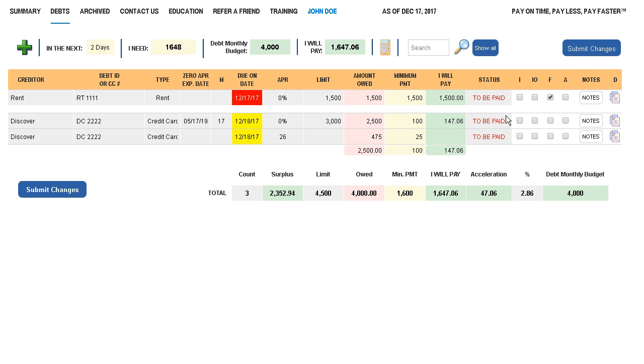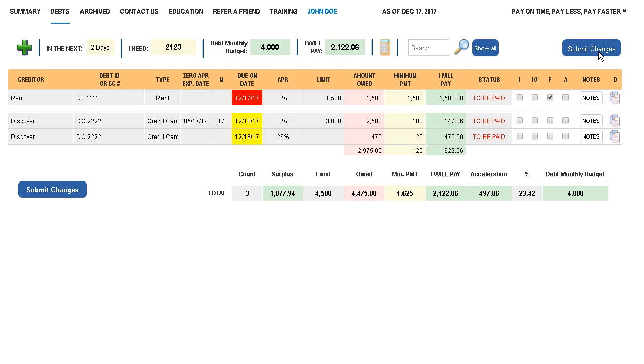Now I'm going to submit the changes. Again, I don't need to do it every time, but I'm going to do it so you can see the changes. Submit the changes, and if I made a mistake or something, I can correct and simply resubmit.